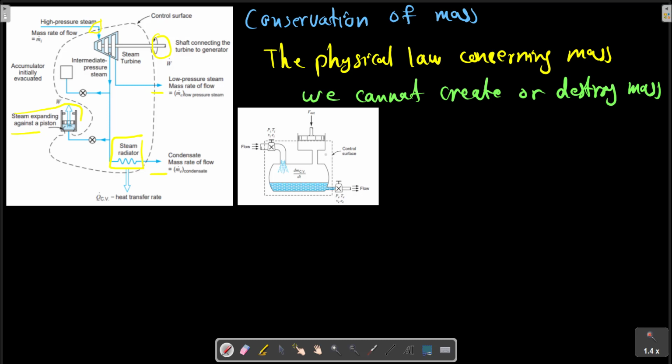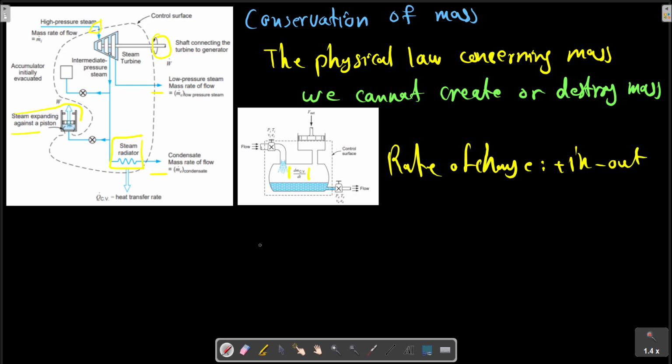Anyway, the rate of change of the mass inside the control volume, dm control volume on dt, can be different from zero if we add or take a flow of mass out, equal to the rate of change plus in minus out.